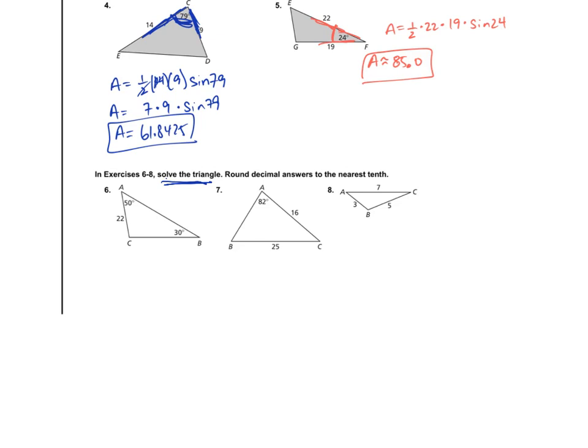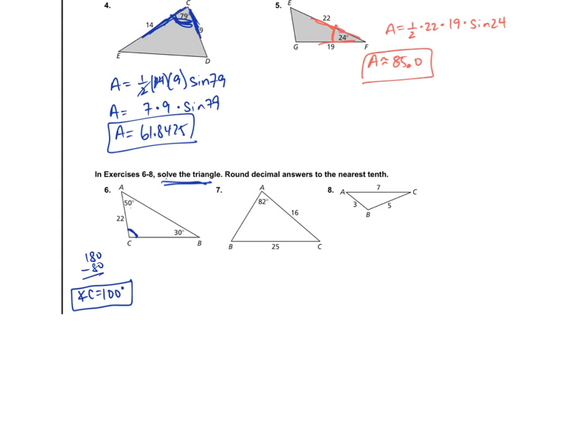So, for this triangle, the first thing to do is to solve for angle C on number 6, because that's the easiest. So 180 minus 50 minus 30, so that's 80. So that gives me angle C, which is going to be 100 degrees. Done. So what's left for me to find?